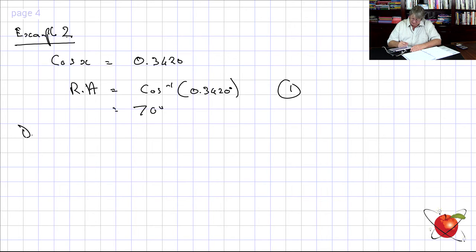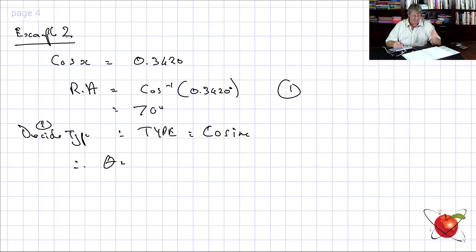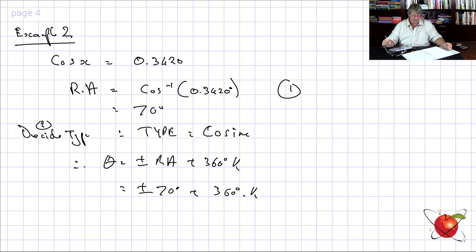Then I decide the type. Step 2, and I put type: cos type. So it's a cosine type. Therefore, theta is equal to plus or minus RA plus 360 degrees K, which is going to be equal to plus or minus 70 degrees plus 360K.